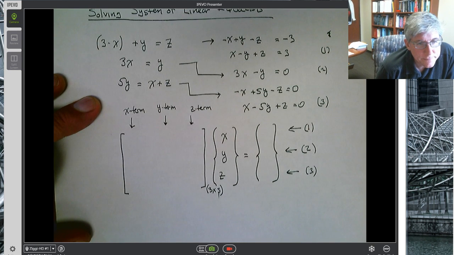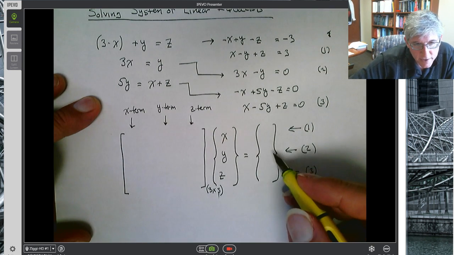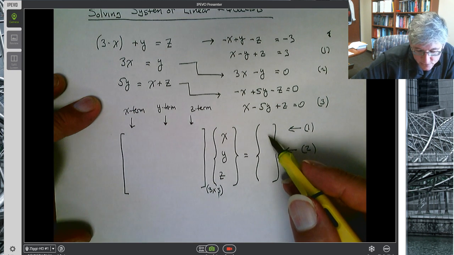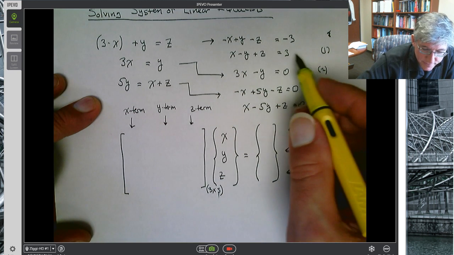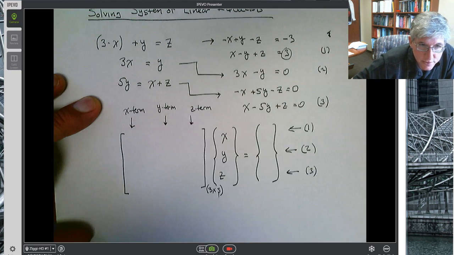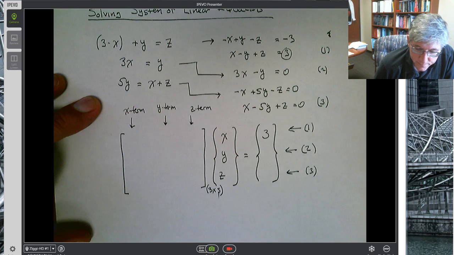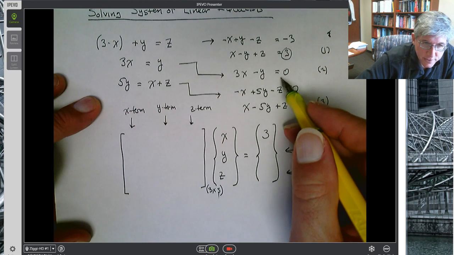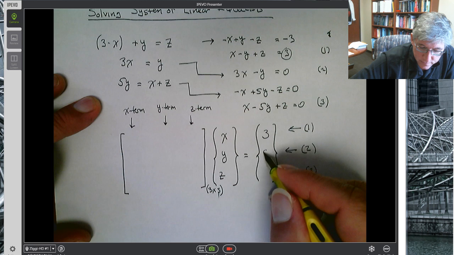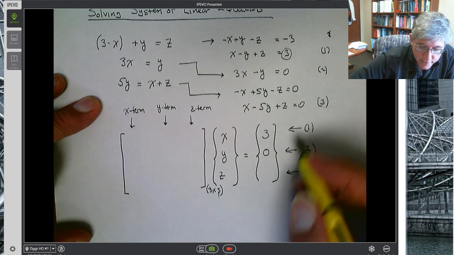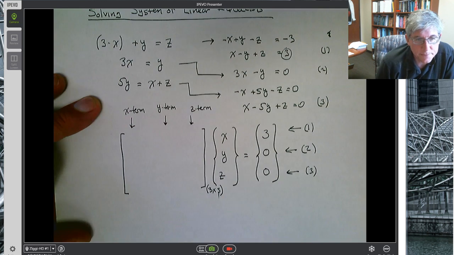Right? Now, obviously, the right-hand side vector is going to be what's on the right-hand side. So for the first equation, that's the easy part. On the right-hand side, for the first equation, we have a 3, right? So that's going to put a 3 there. For the second equation, on the right-hand side, we have a 0. And likewise, for the third equation, on the right-hand side, we also have a 0.